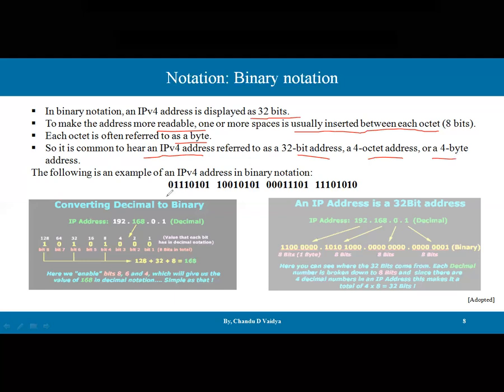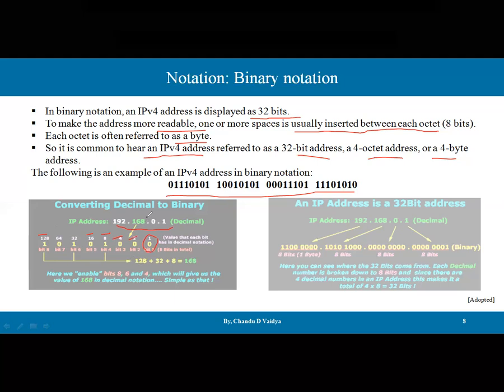So let's take an example of how it is going to be assigned. Converting decimal to binary, if you take the example 192.168.10.1, this is the decimal, and we are positioning this decimal number into a binary number. Let's say this is the weightage 1, this is 2, this is 4, then 8, 16, 32, and 128. Whatever bit is on in a particular weightage position will be treated as on, and it adds its value.